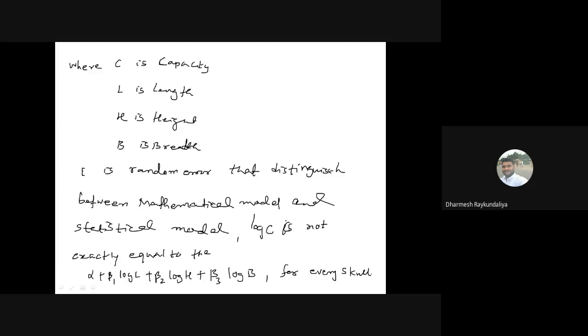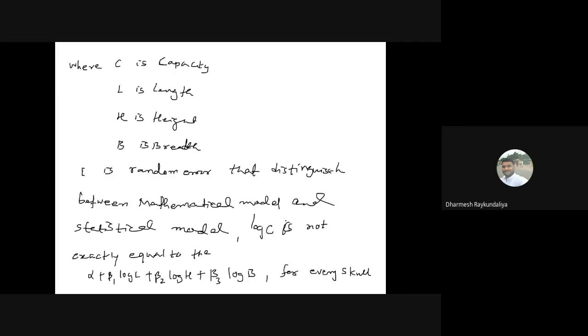So log C is not exactly equal to this for every skull, but it is distributed as a random variable with mean, let us call this equation 1.2. This is equation 1.2 with mean.